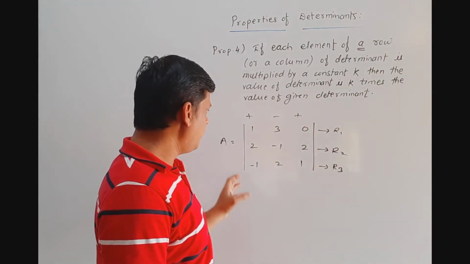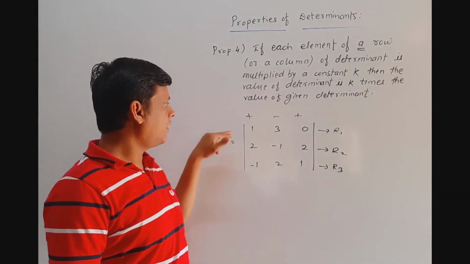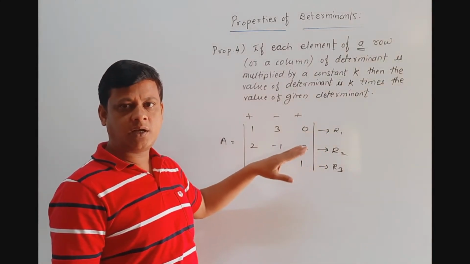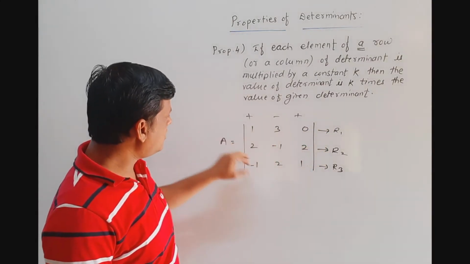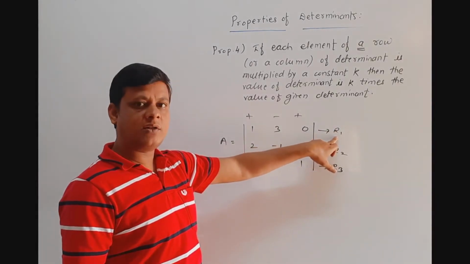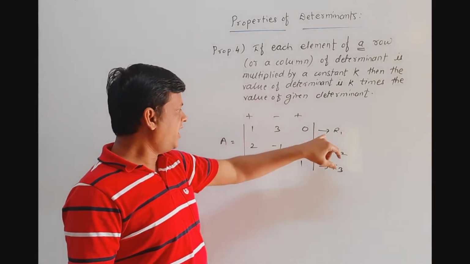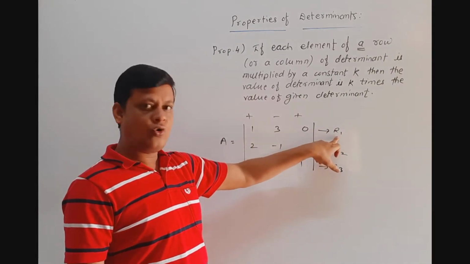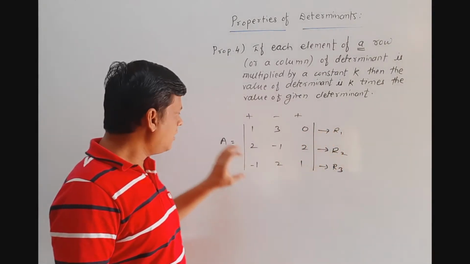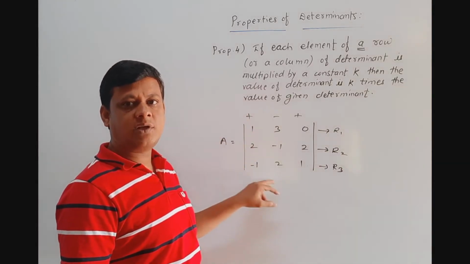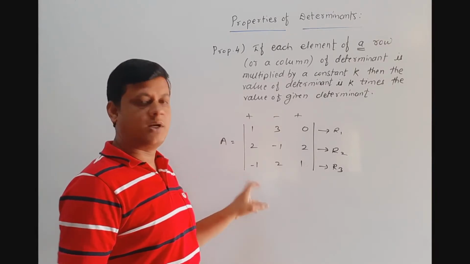That means when we multiply any row, we consider here a single row. Suppose we consider this row R1, and if we multiply each element of this row R1 by k, then the value of the new determinant we get is k times the value of this given determinant.